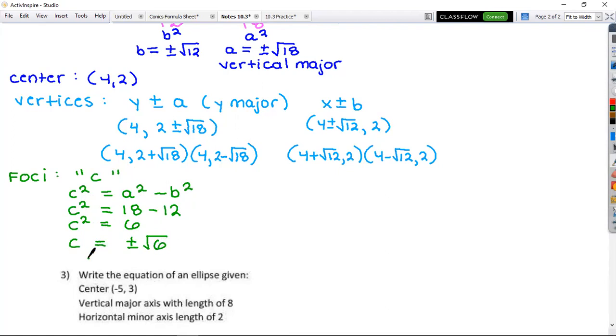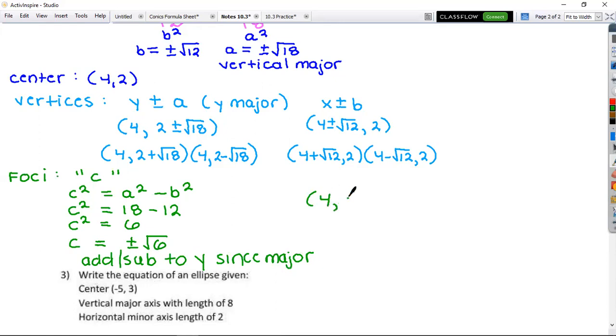And this time you are going to add and subtract this value to the y instead. Since that is your major axis, but I know I'm making you do a lot of writing today, so kind of abbreviate that a bit. So last but not least here, because this one I'm not going to have you graph. So I am going to take my center and I'm going to go 4, so that stays the same.